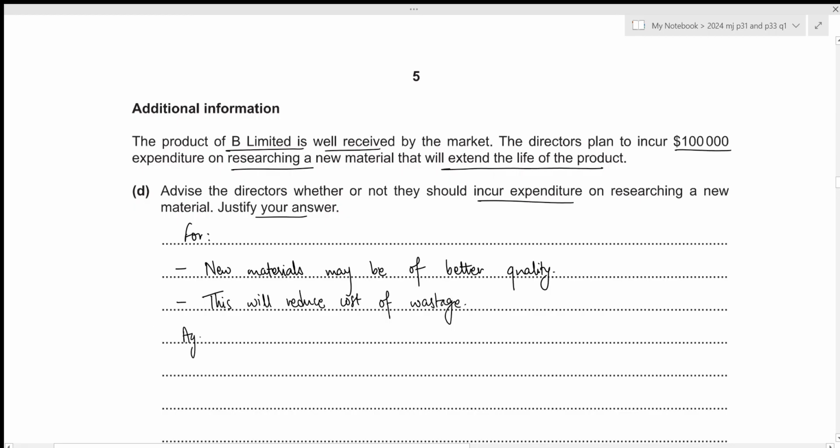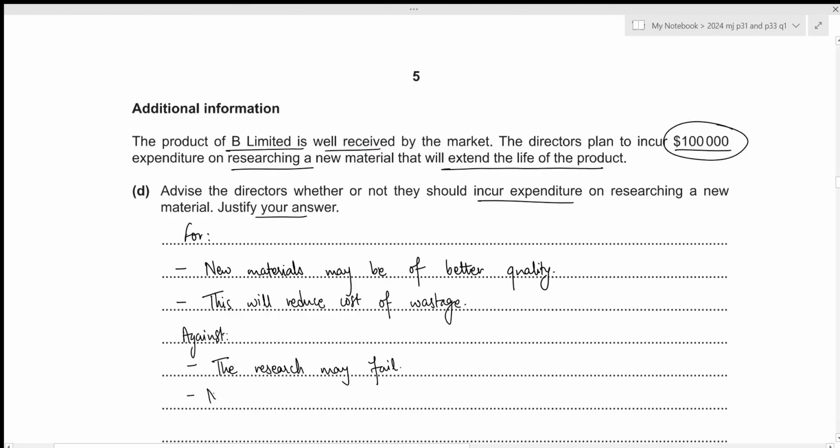Now against, if we go with this research, we do not have any guarantee that the research will succeed. So the research may fail. That is the first point. And another thing is that we can comment on the expenses. We need to incur a total of 100,000, and this might need to be financed by some sort of loan. And if we take out a loan, it means that the loan interest will again reduce our profit.